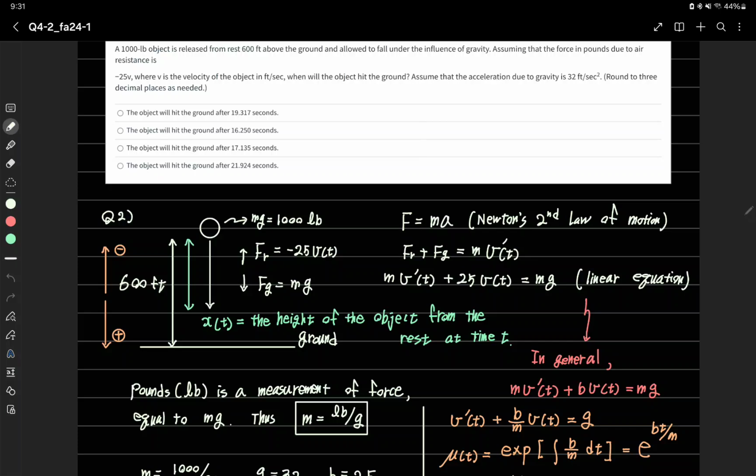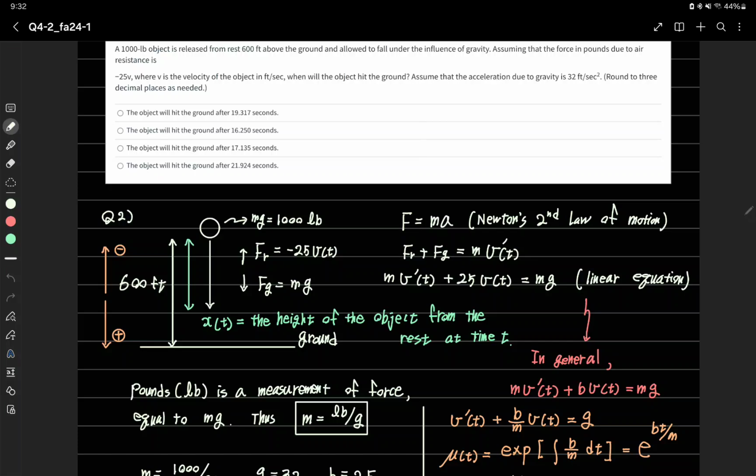The first one is the gravitational force, F sub g, defined by m times g. And the other one is the force due to air resistance, sometimes called the damping force or resistance force. F sub r is negative 25 times v, where v is the velocity.